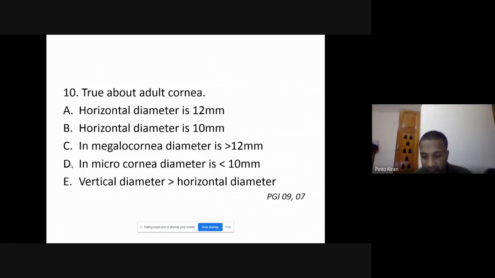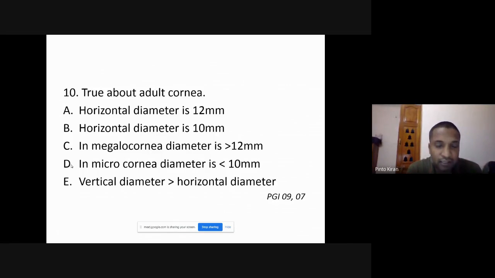If you are interested to know the theory part, definitely next time I'll put it in, so that I can show you the tabular column and compare, for example, an adult eyeball versus a newborn eyeball: what are the different parameters, what is the normal range for a newborn baby, and what is the normal range for an adult. If you know these things, you can answer well in the exams.